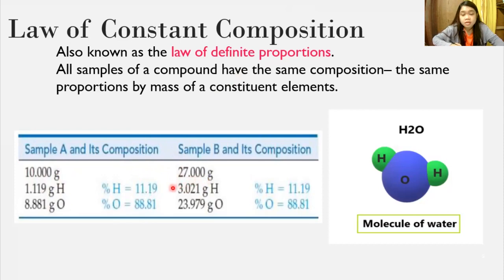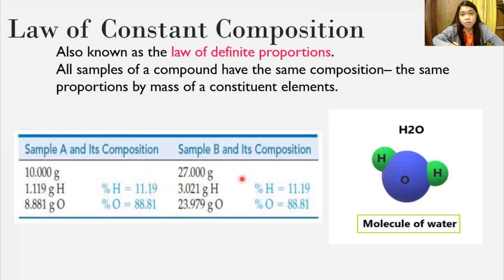And then also, since the mass of sample B increased by 2.7 times, we will also increase the amount of hydrogen and oxygen in the same proportion. So from 1.119 grams of hydrogen, it becomes 3.021 grams of hydrogen, and then the remaining is for oxygen, which is 23.979 grams.